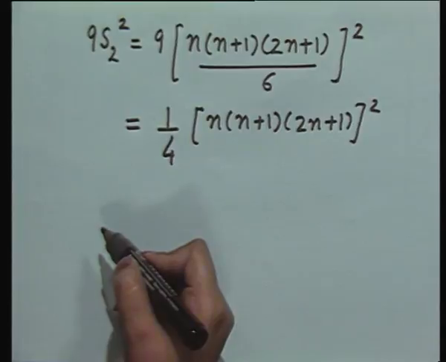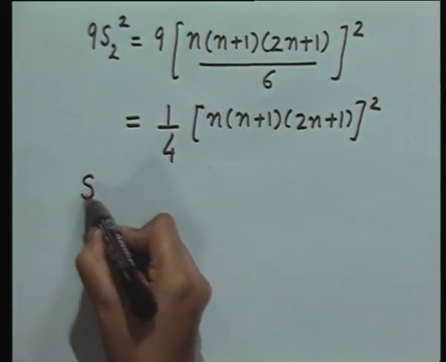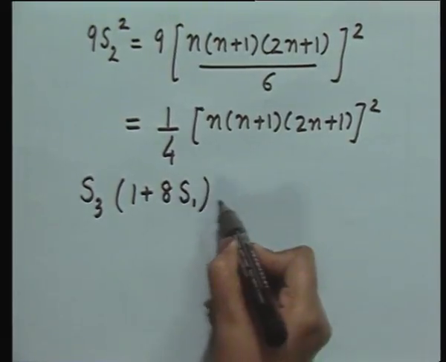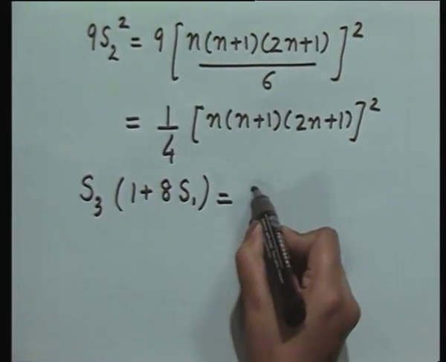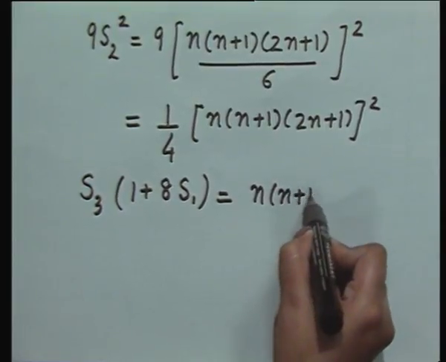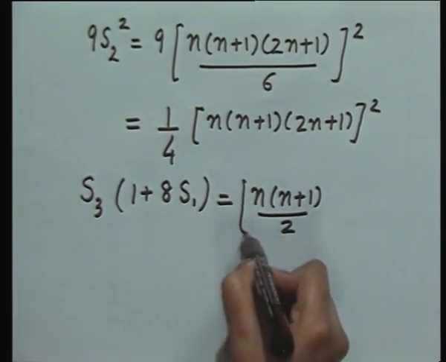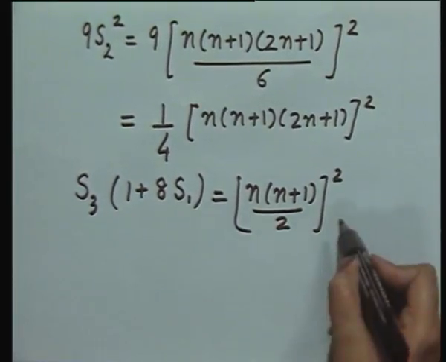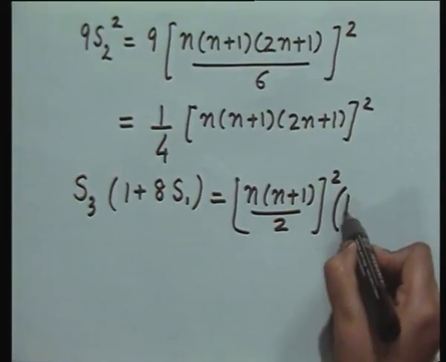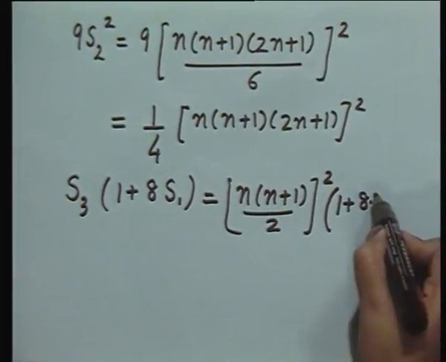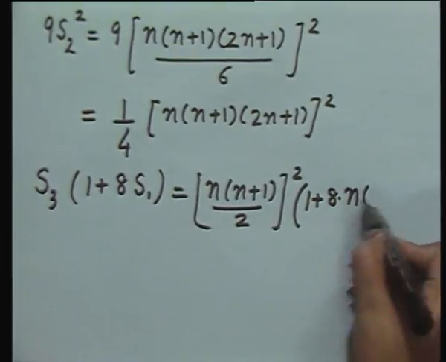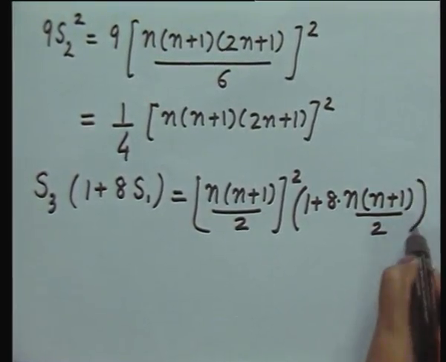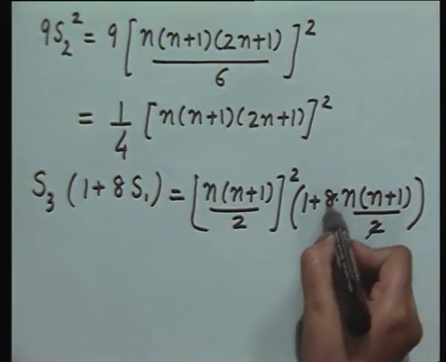Let's start with the right hand side. Right hand side was S3 into 1 plus 8 times S1. What you have to do is write S3 as n into n plus 1 by 2 whole square, and 1 plus 8 times S1 will be replaced by 1 plus 8 into n into n plus 1 by 2, and that, as you can see, is going to get simplified here.